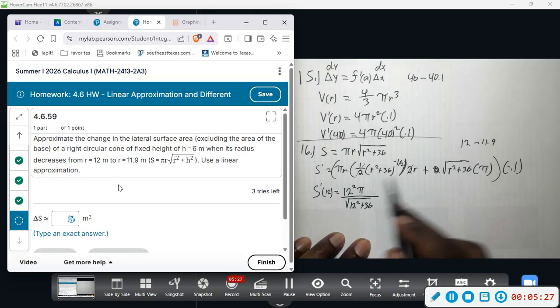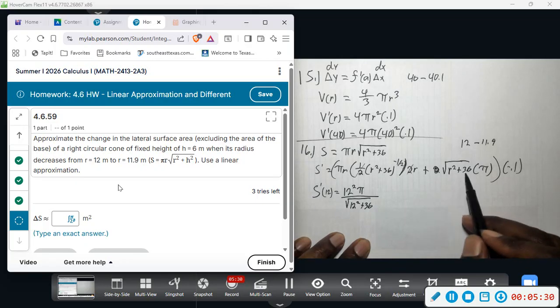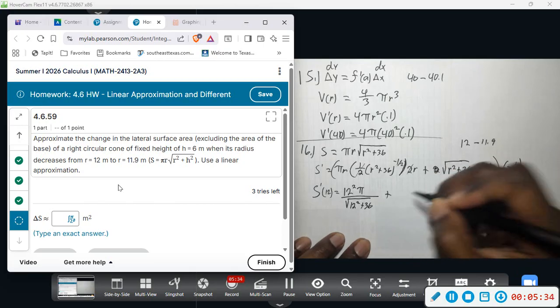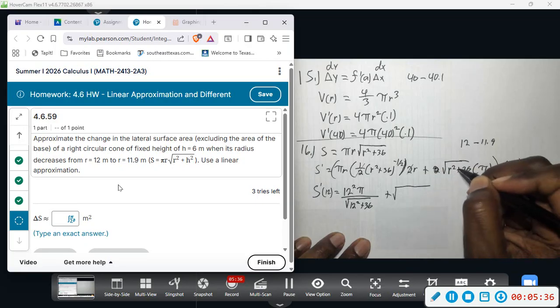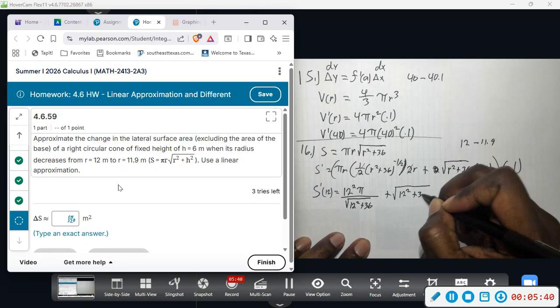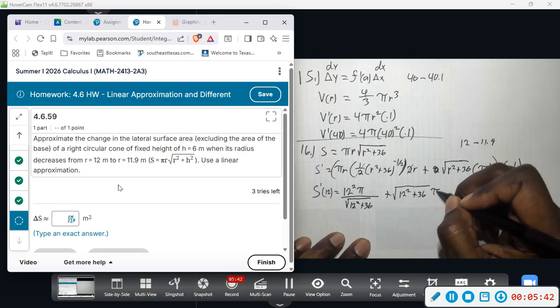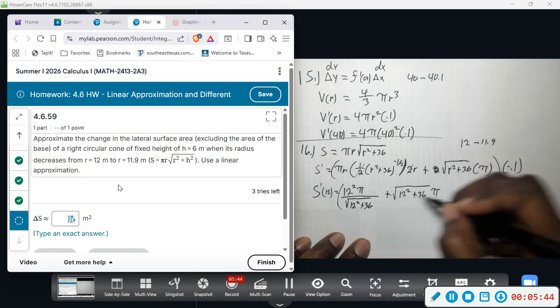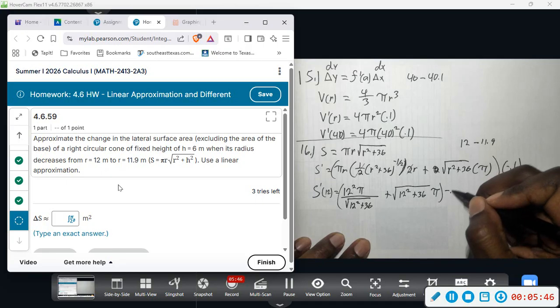All right, so this is the first part, and then over here we won't do anything except replace the r squared with 12 squared plus 36 times pi, and then all of this is getting multiplied times a negative 0.1.